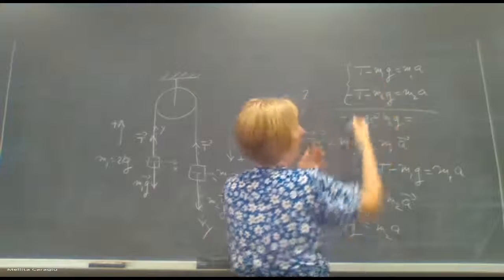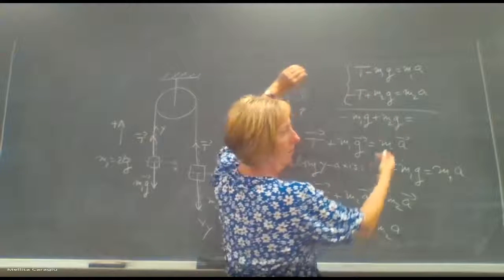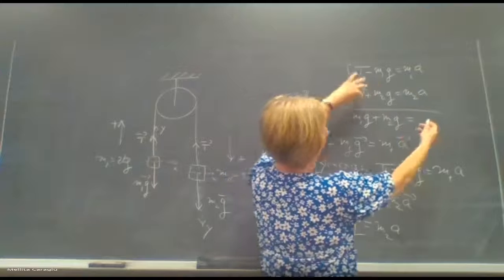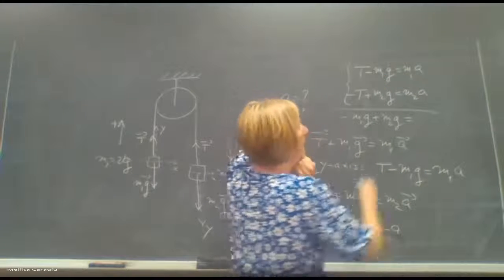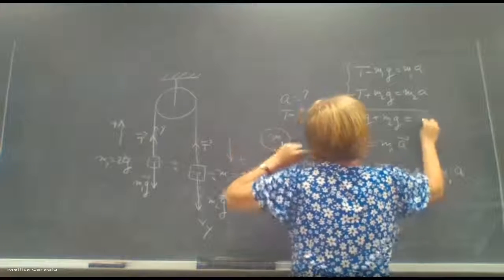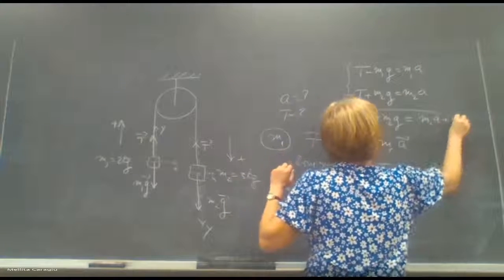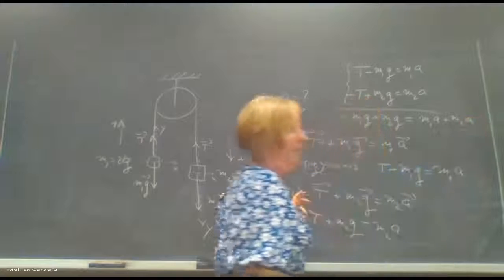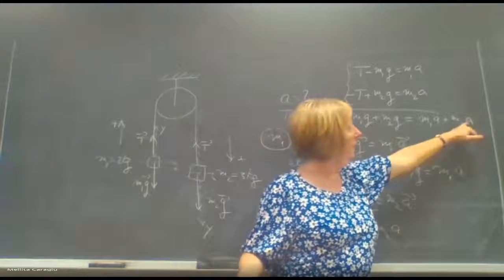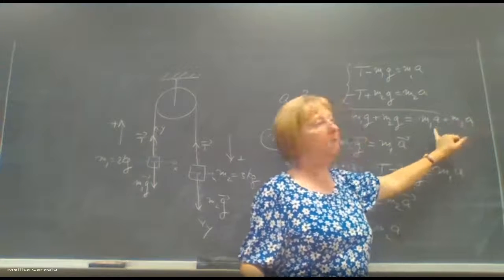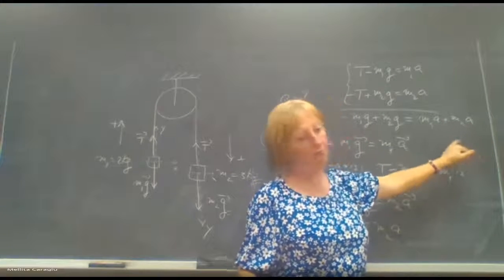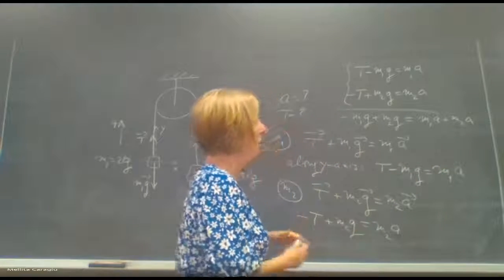That is adding the left-hand sides of the equal signs together. Then adding these two, I have M1A plus M2A. What we do, we give A as a common factor. So these two together mean A multiplying the quantity M1 plus M2.